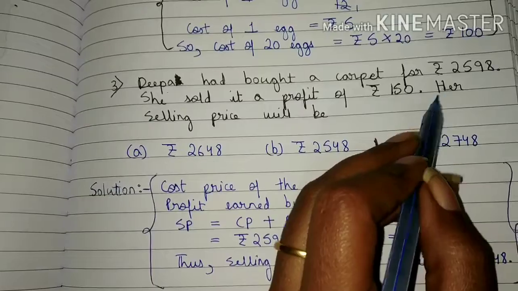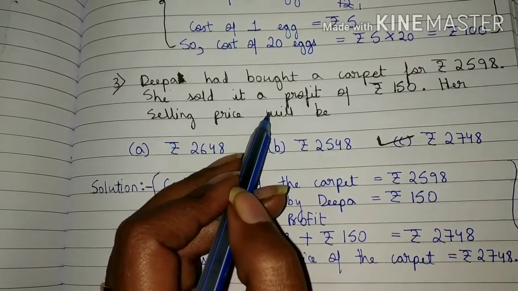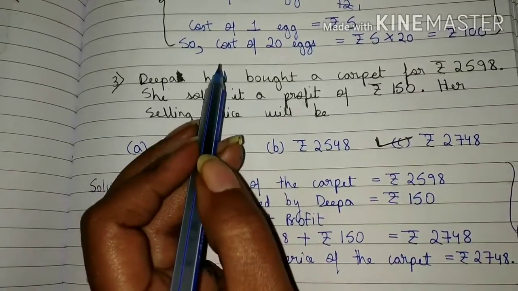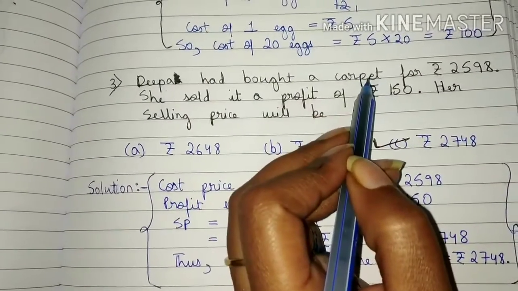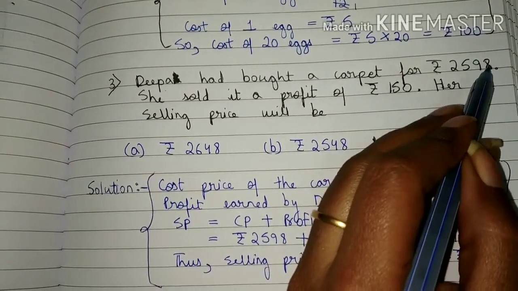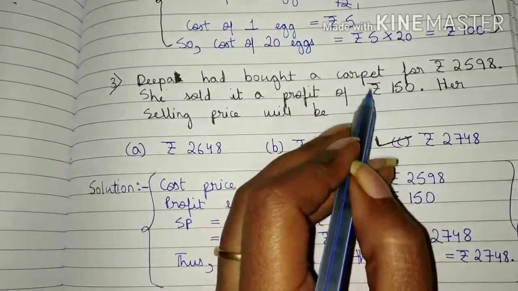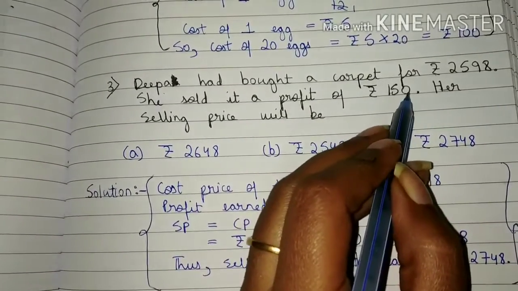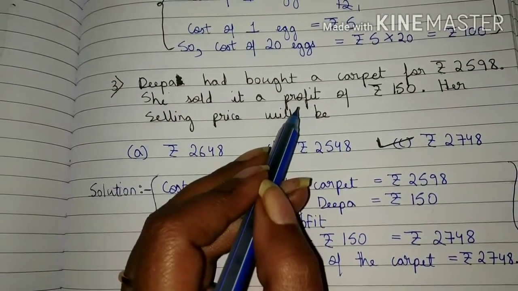Now you have to find the selling price of the carpet. In this question, the cost price of the carpet is given to you, that is rupees 2598, and the profit is given to you, that is rupees 150. Now you have to find the selling price of the carpet.